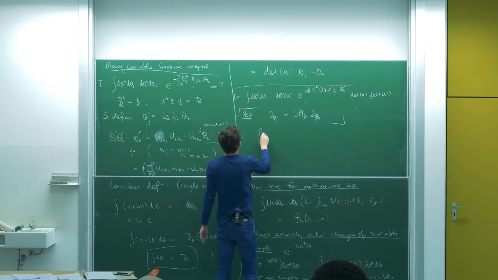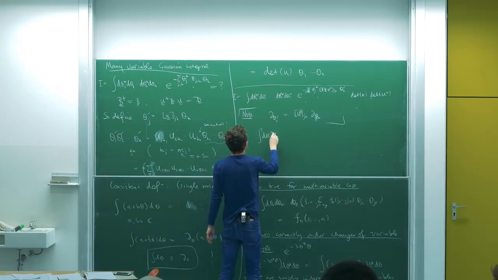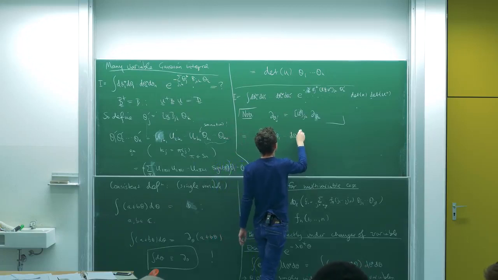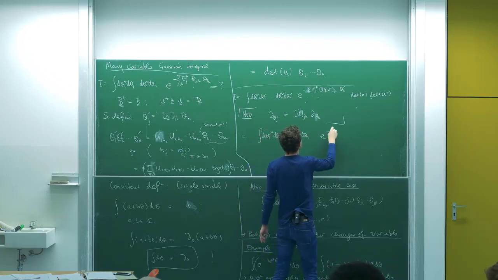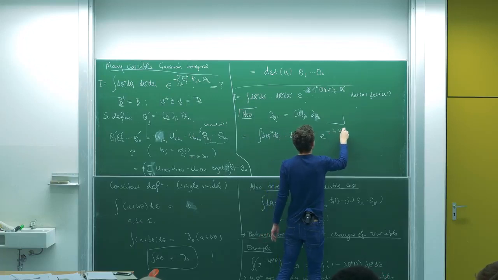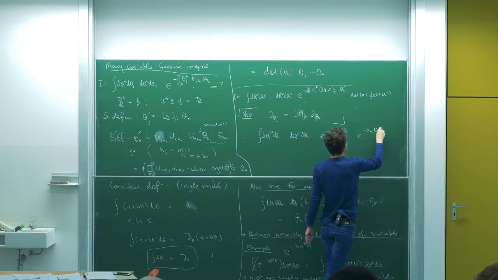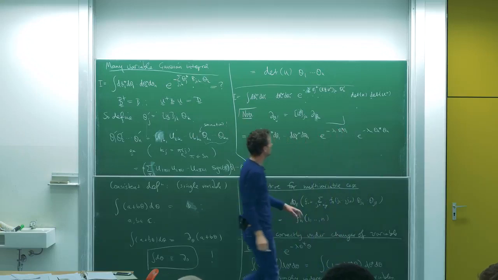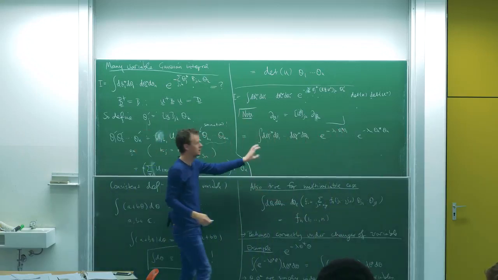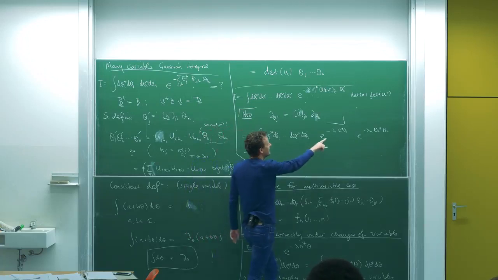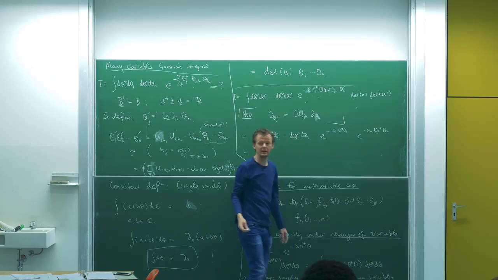So this is, and then we do the integral with respect to these variables one after the other, bringing down a factor of lambda 1 through lambda n each time.